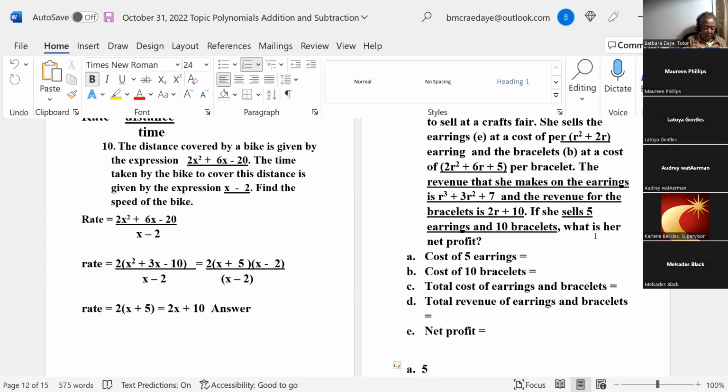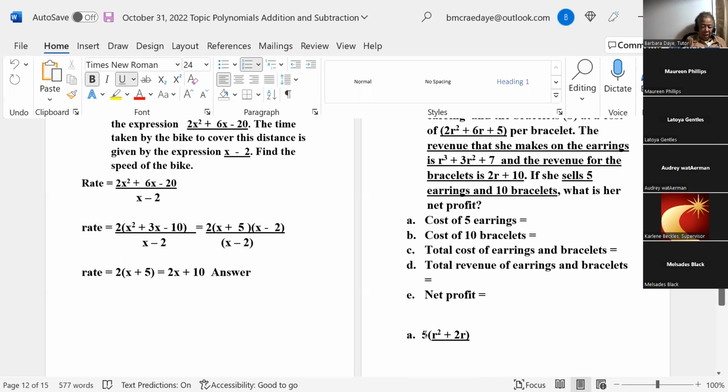That's the number, right? What's the cost of 1 earring? Cost of 1 earring is what? Right here. R to the second power. R to the second plus 2r. Okay, so let's just put that there. So the cost of the earrings, the number of earrings sold, and that was 5, times the cost of 1 pair of earrings. Okay, so what is that equal to, Maureen?